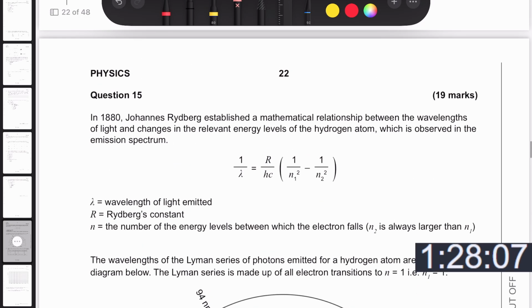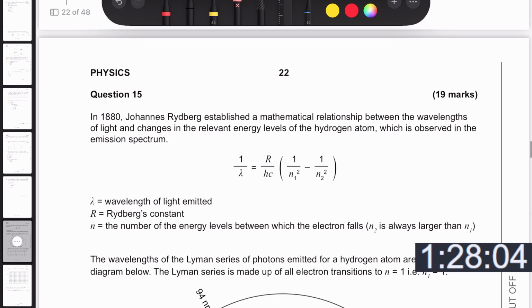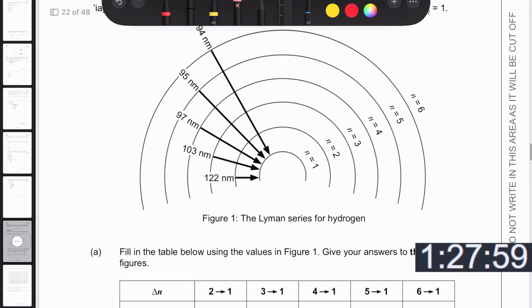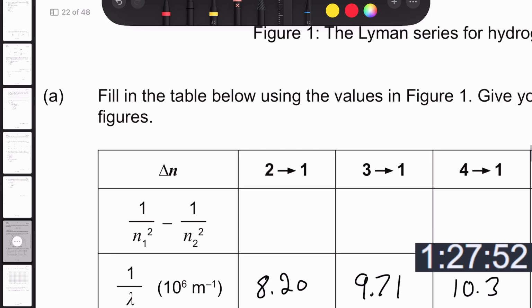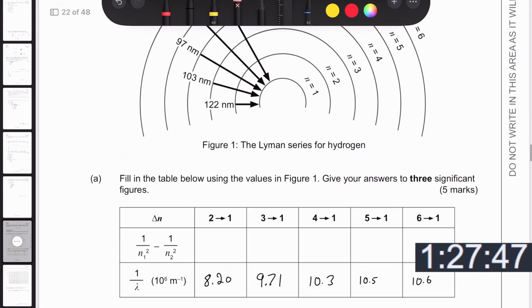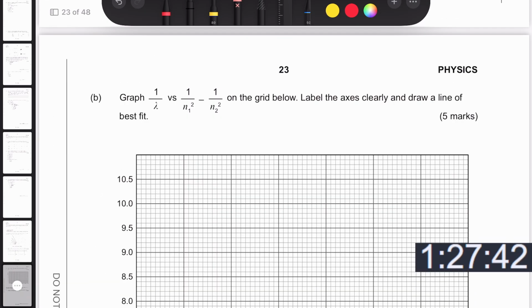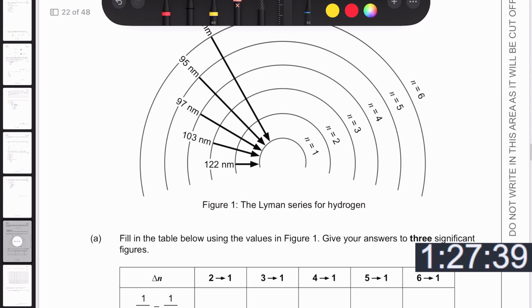Okay, and now n1 to n2, electron transitions. So is that 1 on 1 minus 1 on 4?